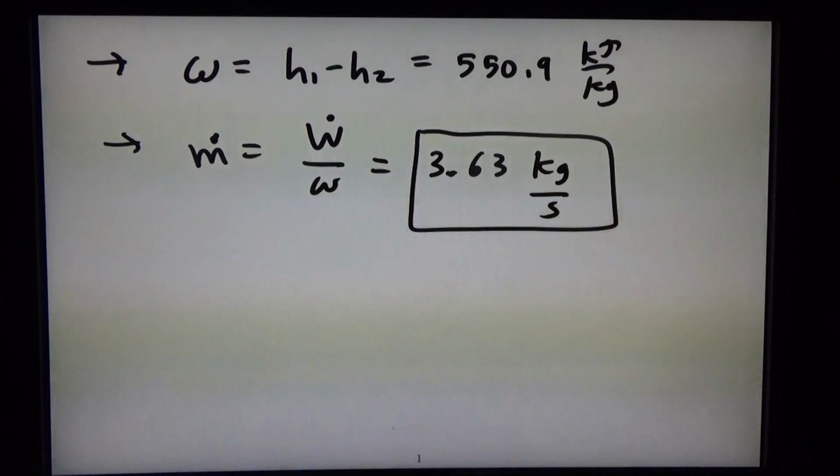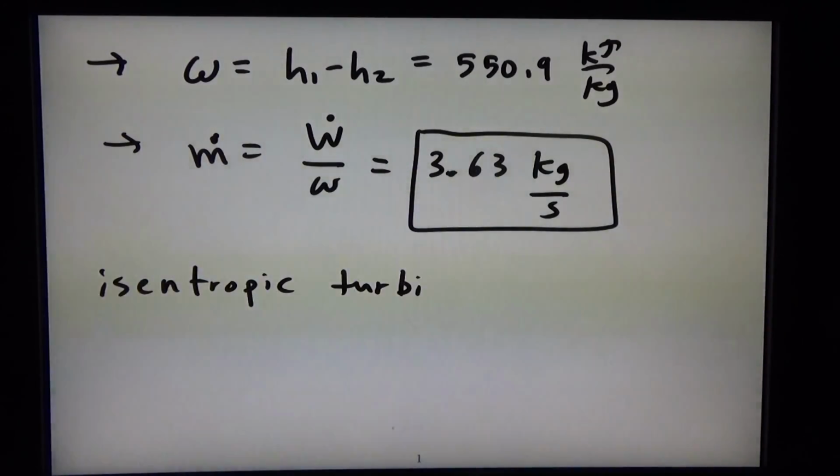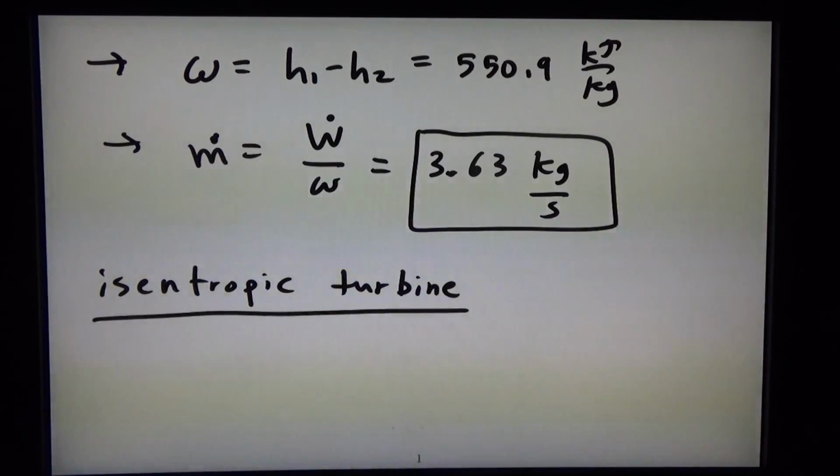Now we're going to add the new stuff, which is to also analyze the hypothetical isentropic turbine. So the isentropic turbine, we can write the energy balance. We don't need to write the mass balance for the isentropic turbine.